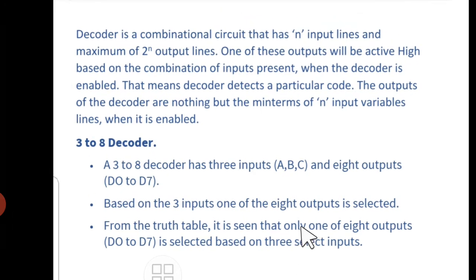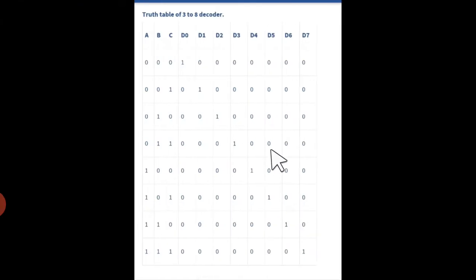For that, you can see the truth table here. 3 inputs A, B, C and 8 outputs from D0 to D7, like D0, D1, D2, D3, D4, D5, D6 and D7. Depending upon the input combination, only one output line is active or high at a time.